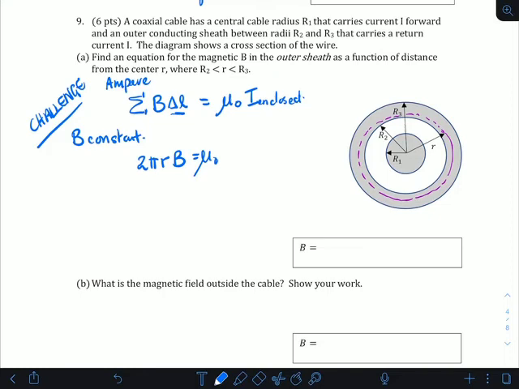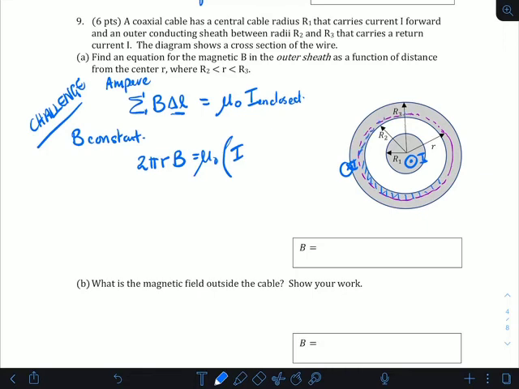It tells me that I've got a current that's moving out of the center. So enclosed inside this purple loop or circle, I have I, but I also have a piece of the current here that's going into the page.